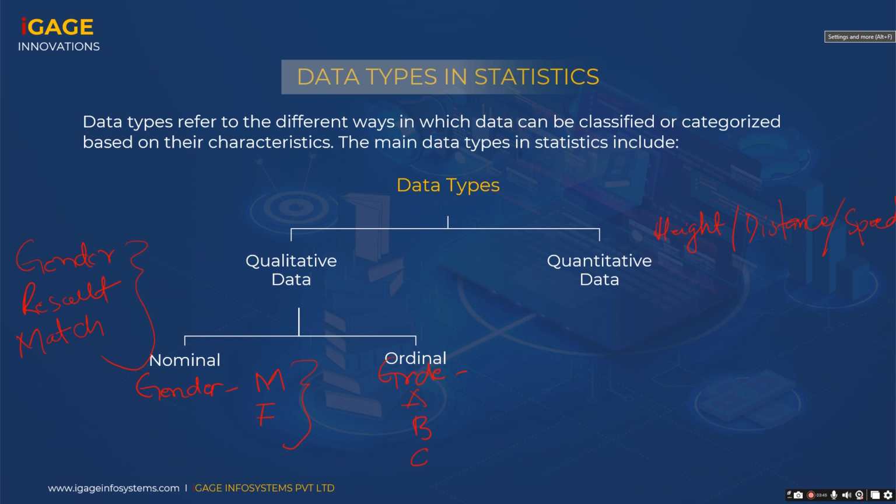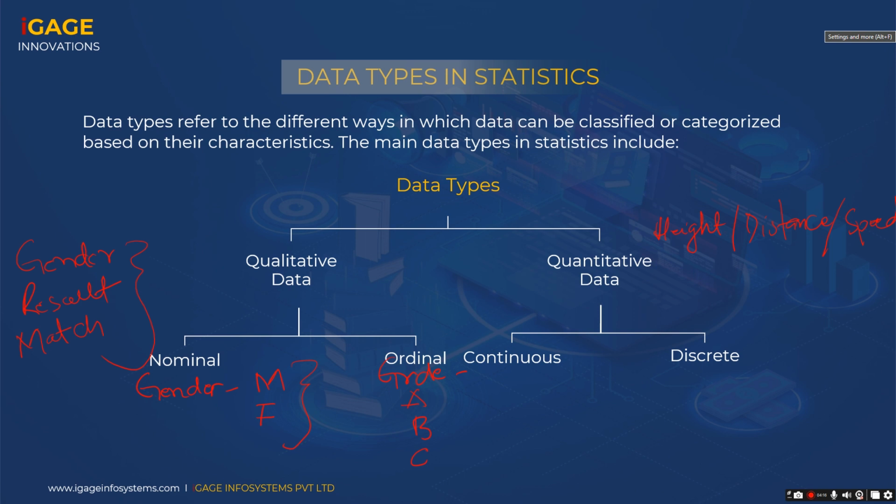Now on the other hand, we have quantitative data. As I mentioned, quantitative data are numerical in nature, so we can perform arithmetic operations over them. Quantitative data are further classified into continuous and discrete. Continuous data are those data which can be represented in decimal format. That means continuous data have an infinite number of probable values.